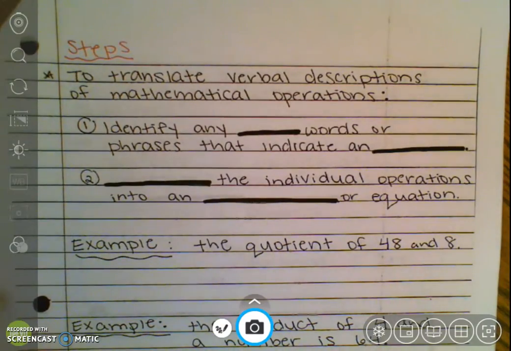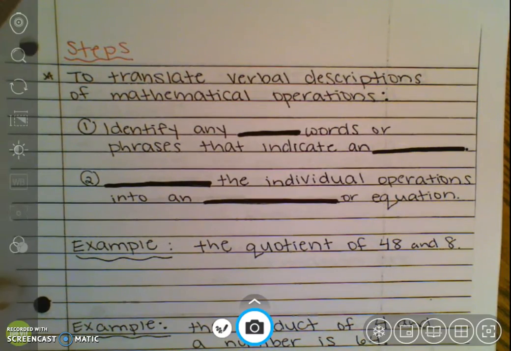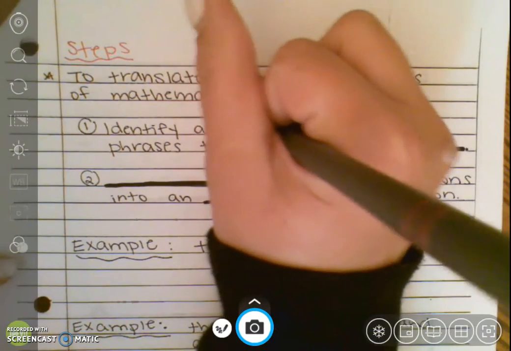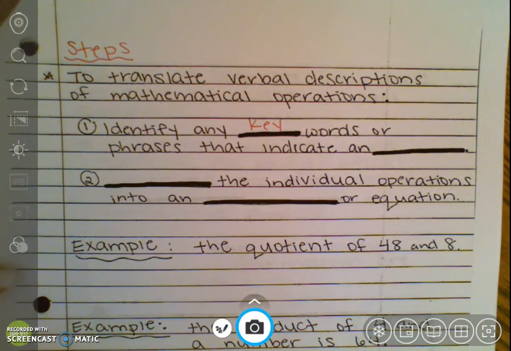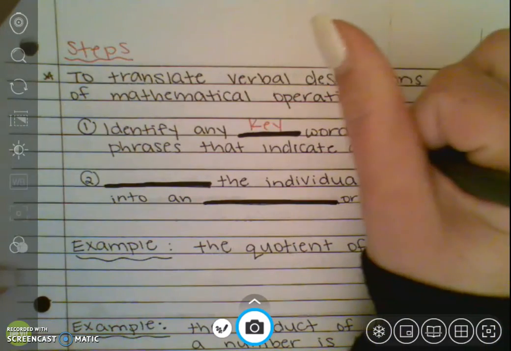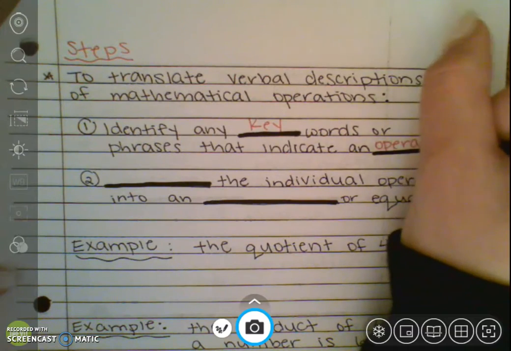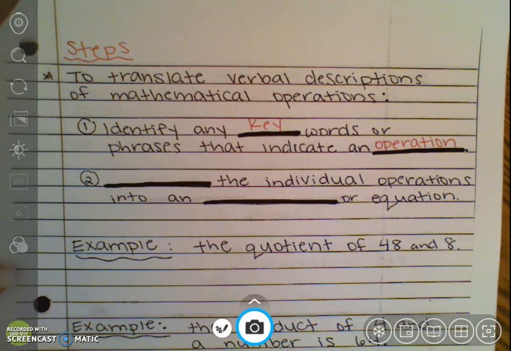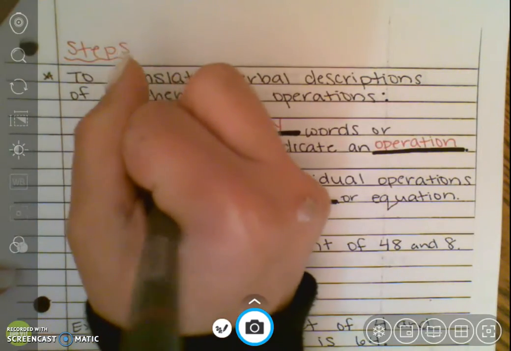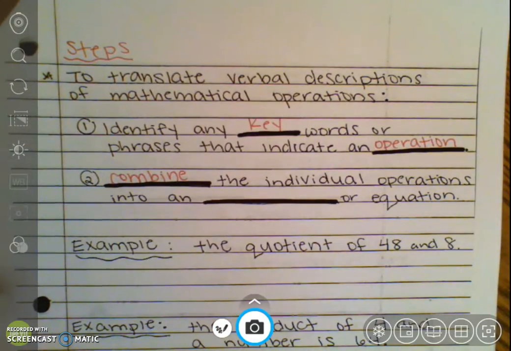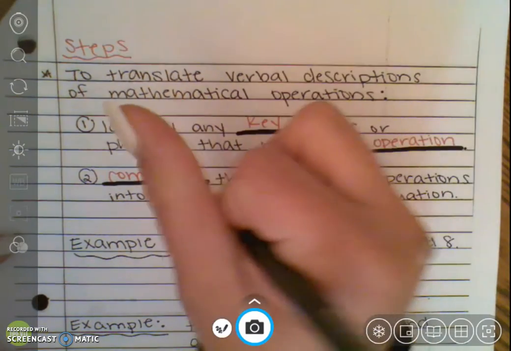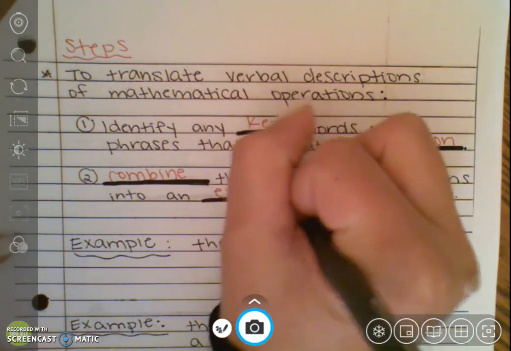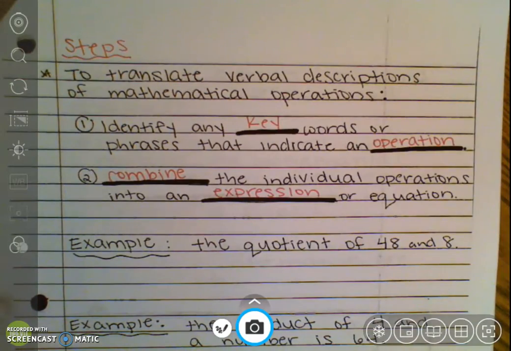First, you need to identify any key words or phrases that indicate an operation. Step 2 is to combine the individual operations into an expression or equation. So expression is what goes in the blank.